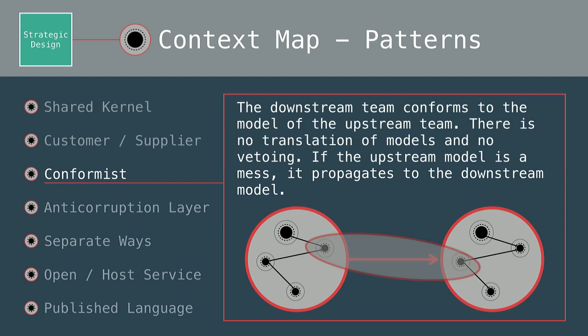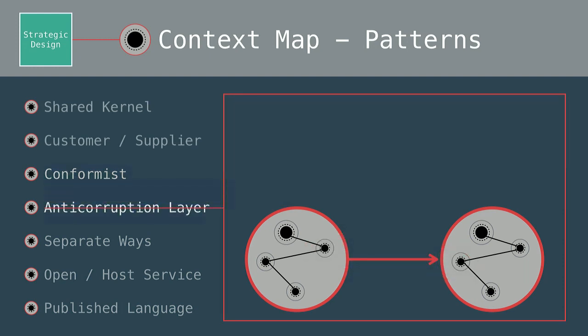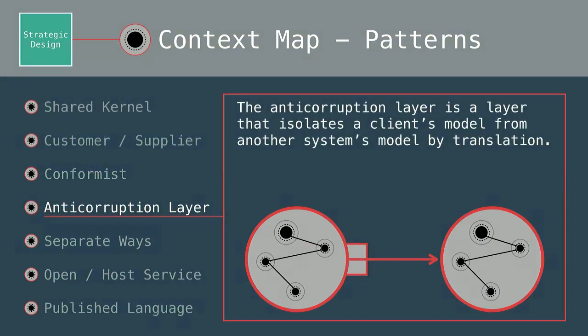So we decided, no, let's define that as our new internal model and go with an anti-corruption layer. Basically, an anti-corruption layer is a layer or even a microservice that isolates a client's model from another system's model by translation.